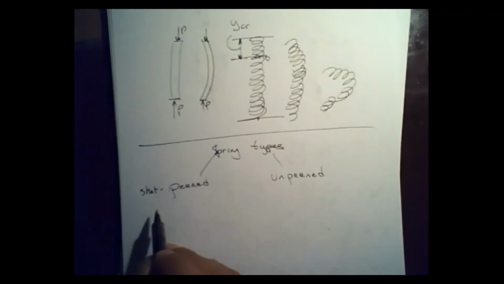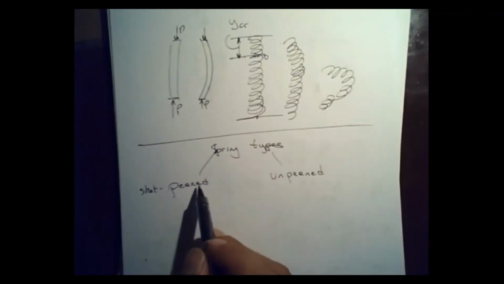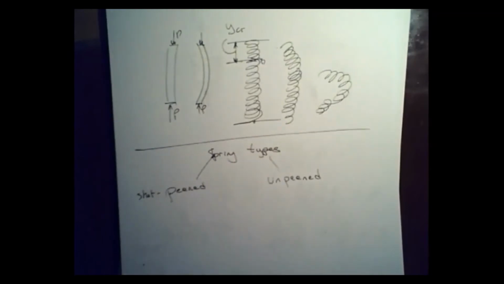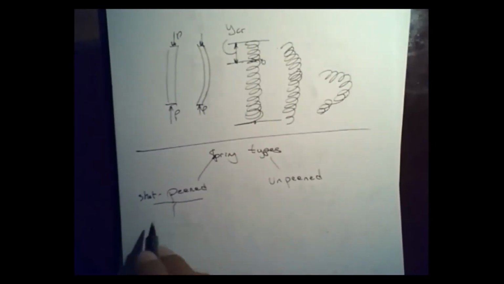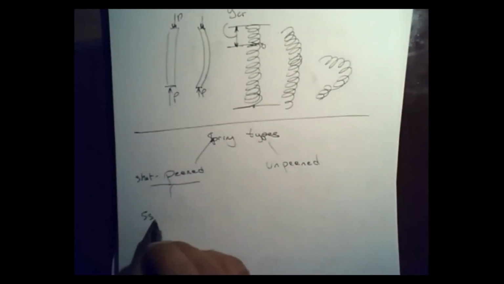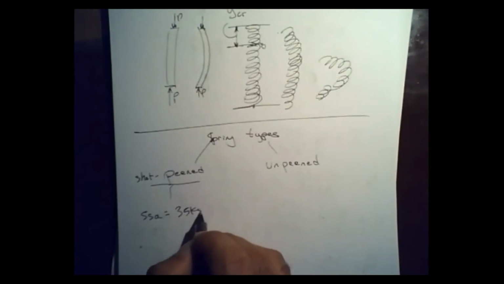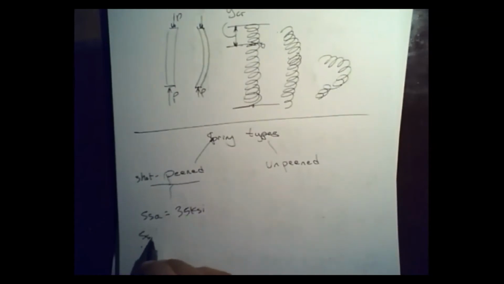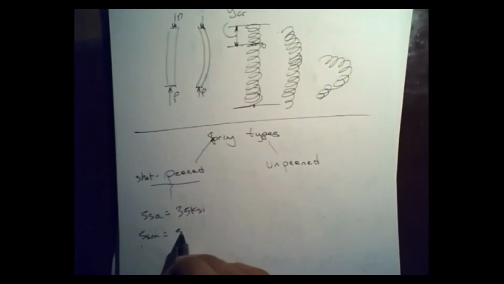How do we do this? How do we evaluate the life or the safety factor for a spring in fatigue based on pinned or unpinned? If the spring is pinned, and these are all in the notes, it's going to have a maximum alternating stress that is equal to 35 KSI and the maximum mean stress of 55 KSI.